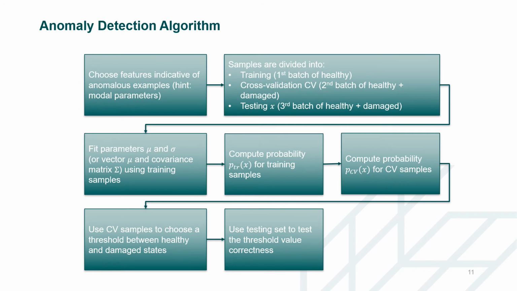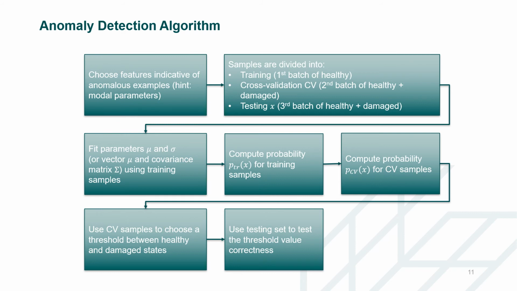To put everything into perspective, here is the block schematic of the anomaly detection algorithm. First, you choose features indicative of anomalous examples. Second, divide the data set into training, cross-validation, and testing samples. Training is used to feed mean value and standard deviation parameters.